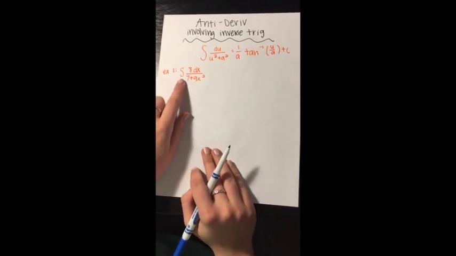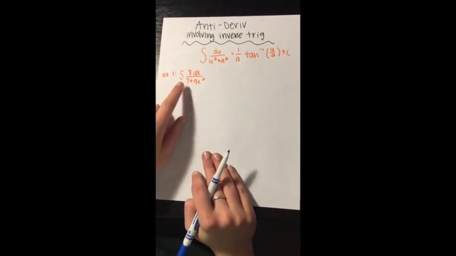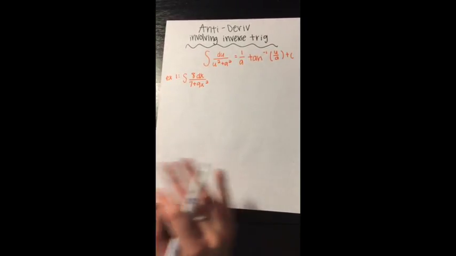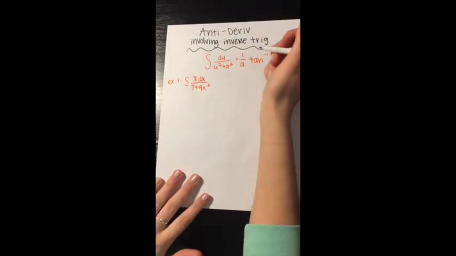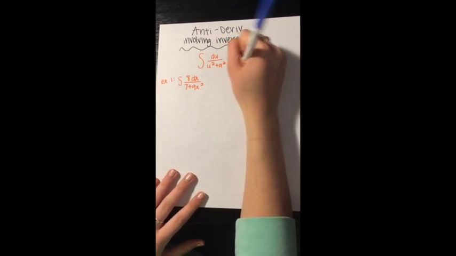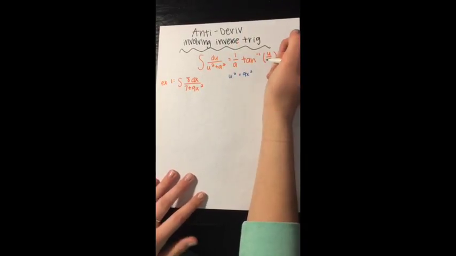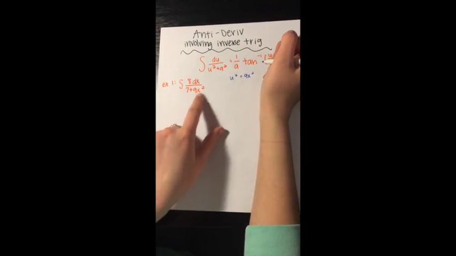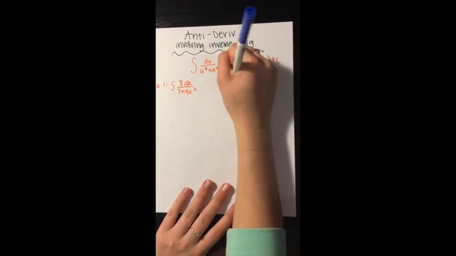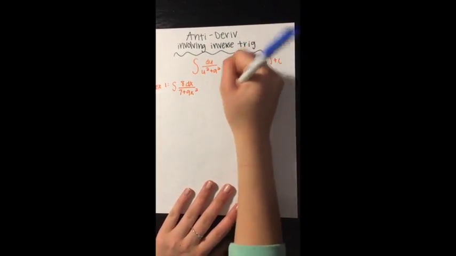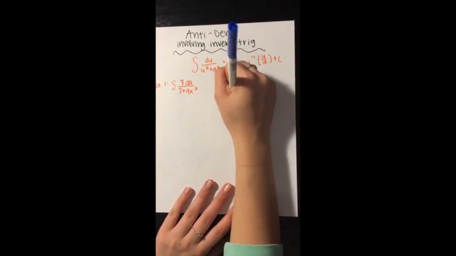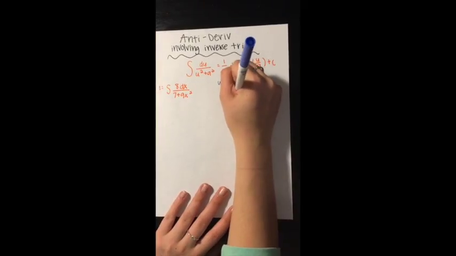So we've got the integral of 8 dx over 7 plus 9x squared, and the first thing we're going to do is write out our u squared and a squared. So our u squared is 9x squared, and the u squared is always the one that has the exponent, so u is going to be 3x, a squared is 7, and a is the square root of 7.